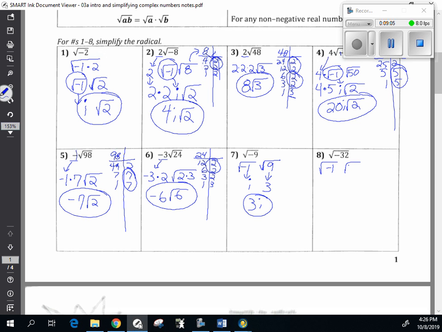Now 32 can be broken down. 32 divided by 2 is 16. 16 divided by 2 is 8. 8 divided by 2 is 4. 4 divided by 2 is 2. 2 divided by 2 is 1. So I know that I'm going to have my i here. I know I'm taking a 2 out here, and then a second 2 out here, and I have a 2 left in my radical. 2 times 2 is 4.